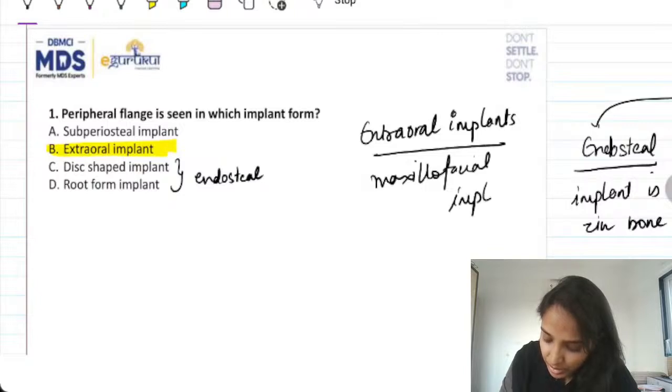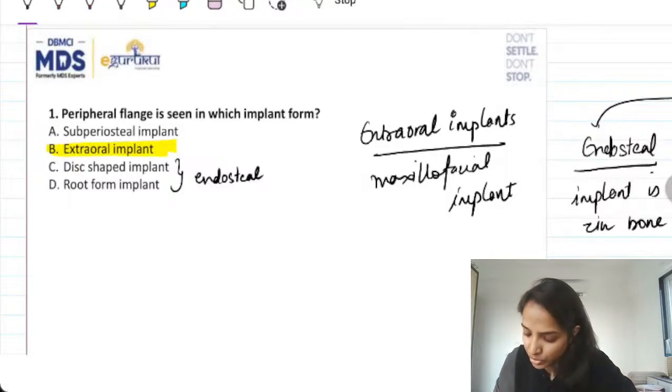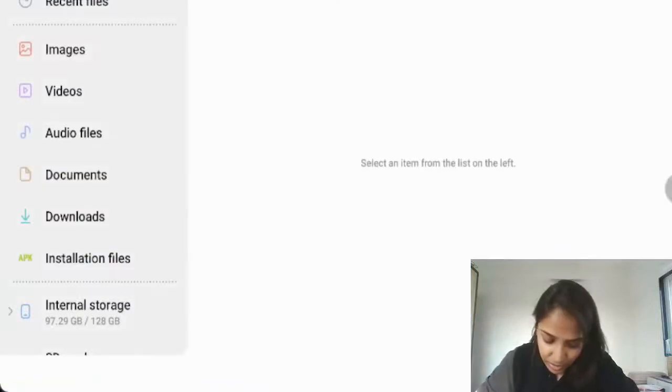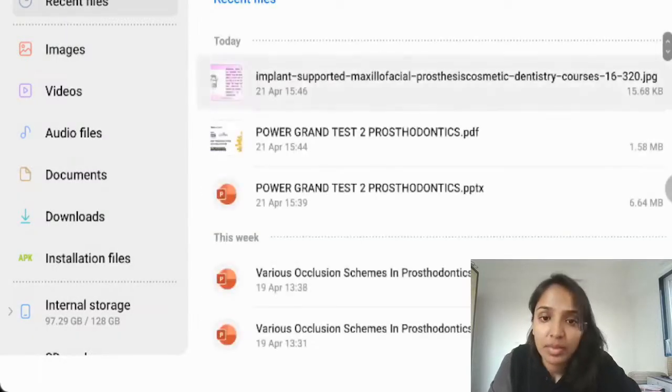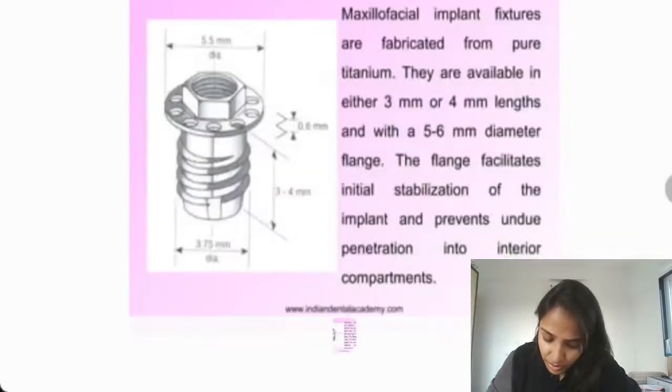In a maxillofacial implant, I have stored one image and I can show it to you all. I hope you are able to see that over here.